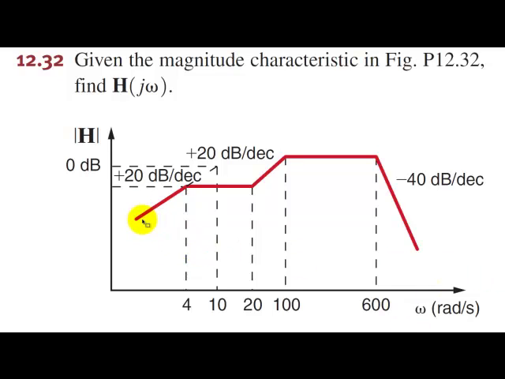That will determine the zeros and the poles, and a value higher than 20 dB per decade indicates that you probably have a power of 2 or more for each polynomial. The 40 continues after that second section at 100, which means that you have a power of 2 at least.